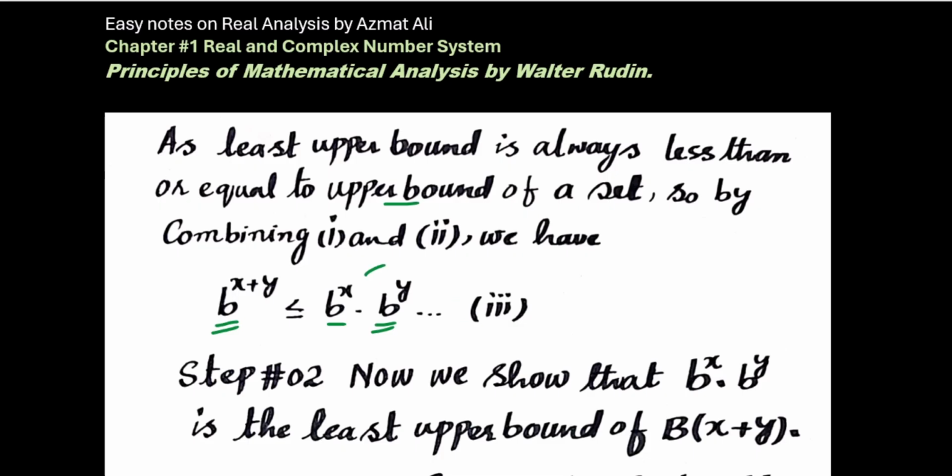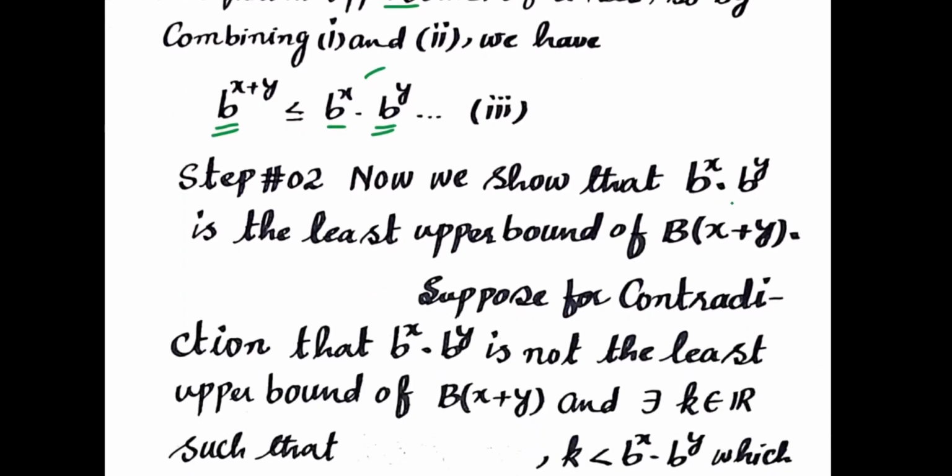Okay. Next, we show that this number b raised to power x into b raised to power y is the least upper bound of this set. I will use the same strategy that I have discussed in part C. I will suppose a real number k which is less than b raised to power x into b raised to power y. I will claim that this real number k is the least upper bound of this set.